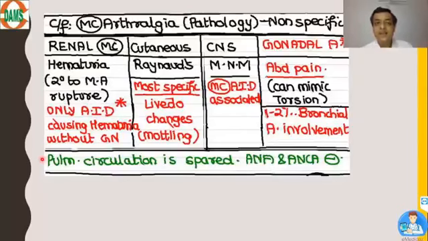Clinical features can mimic other lupus disease. So you have to read the question for the red color, that is specific manifestation of disease. And also pulmonary circulation is spared. Pulmonary artery does not get aneurysm.